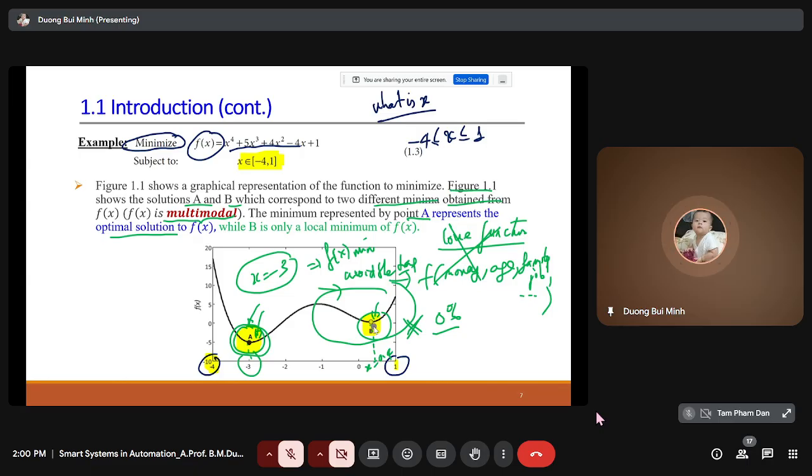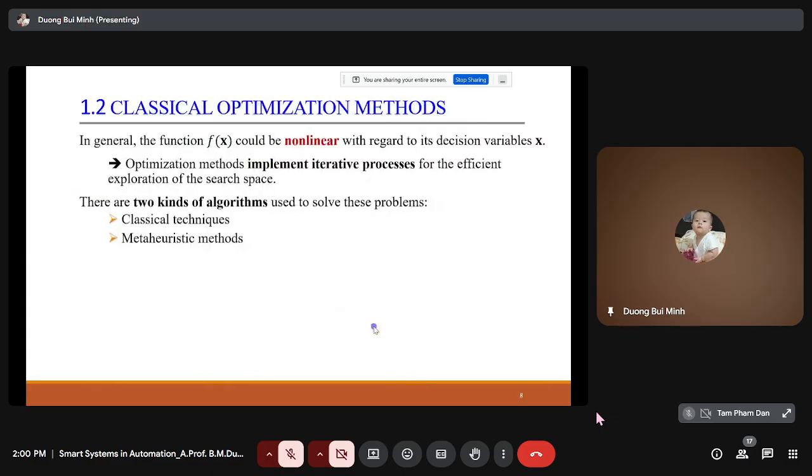I hope I get some questions from you. Okay. In general, the function f(x) could be non-linear.